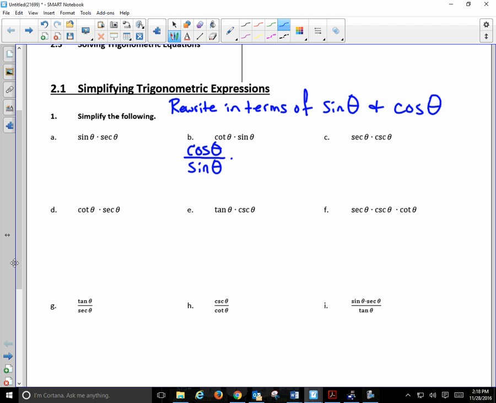No, I just leave it. What happens? We don't cross multiply, we just look for things that cancel. The sines cancel.